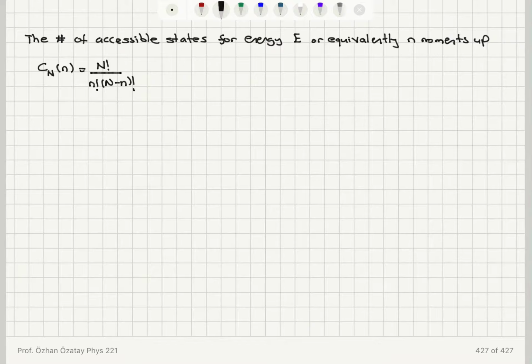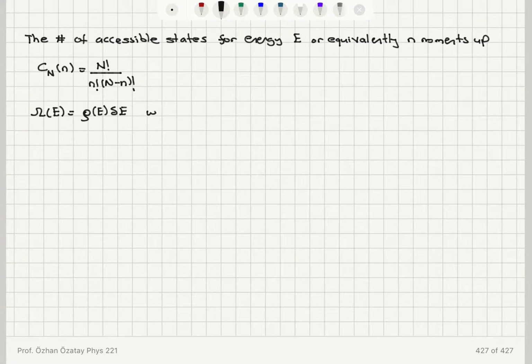However, what I'm interested in is not the number of accessible states for a certain energy, but for a certain energy interval. So omega E is the density of states multiplied by the energy interval delta E, in which the density of states is not changing appreciably.